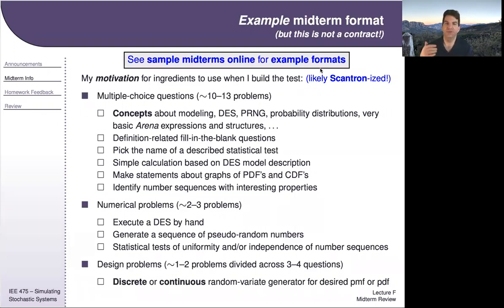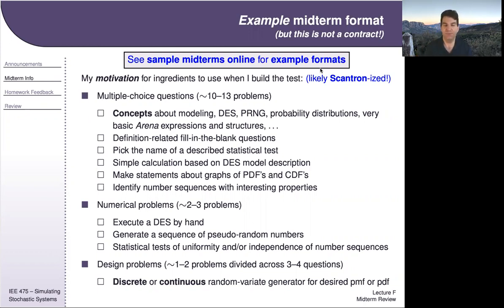So I might show you a discrete event system simulation table. You have to fill in cells. I might ask, what would be the right statistical test in this particular case? What would be the right distribution in this particular case? Match up this distribution with the thing you would likely use it to model. So a lot of multiple choice.